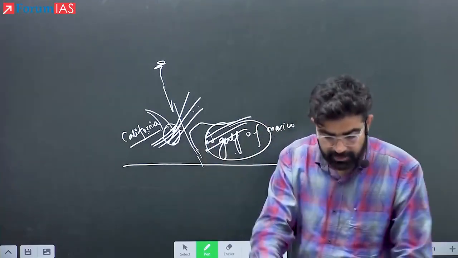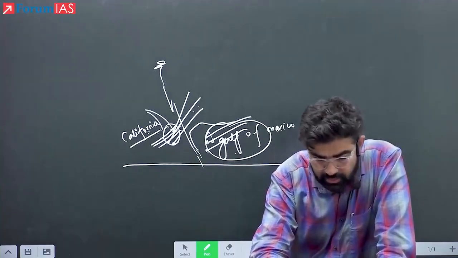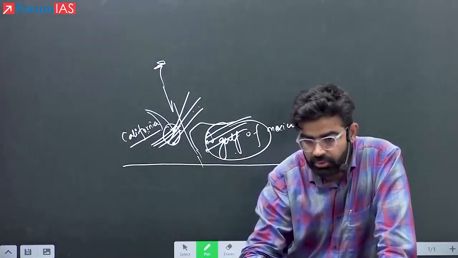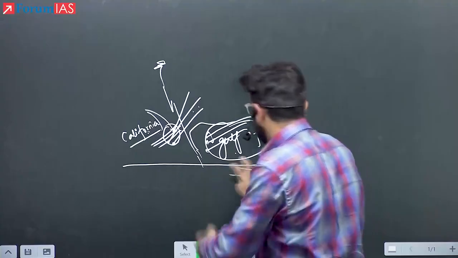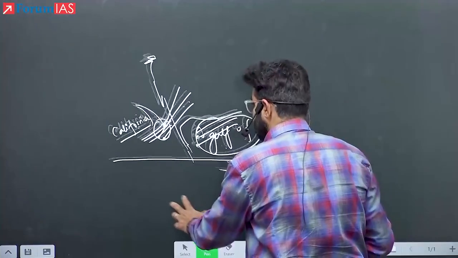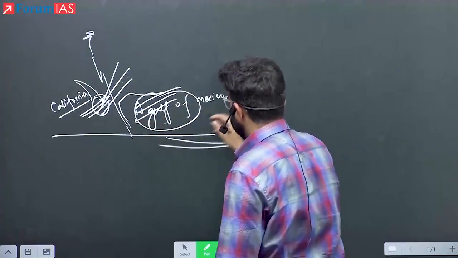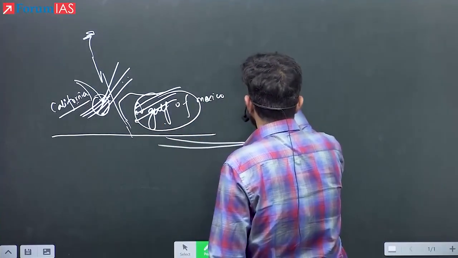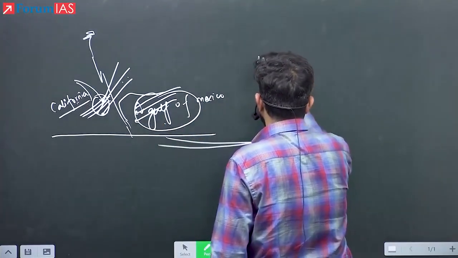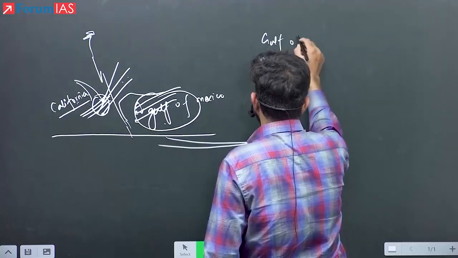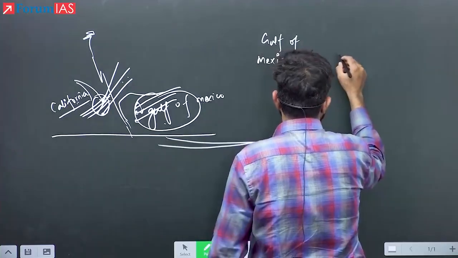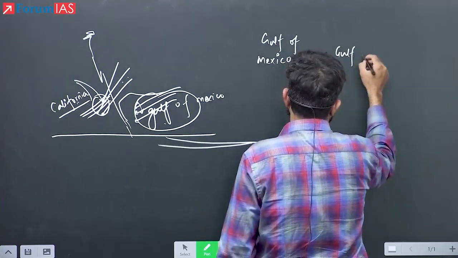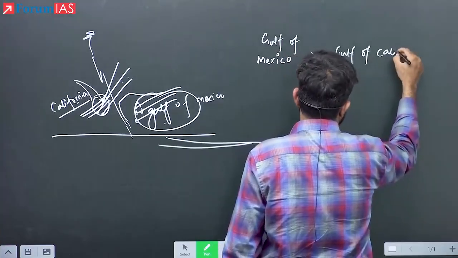Now, the second example, try to write this example also in your notebook. Make this diagram. Gulf of California and Gulf of Mexico. So Gulf of Mexico will have more temperature than Gulf of California.